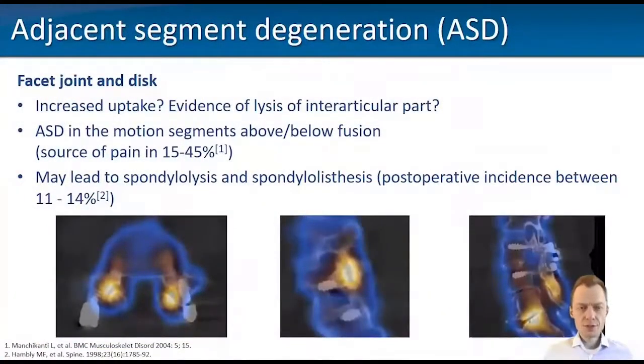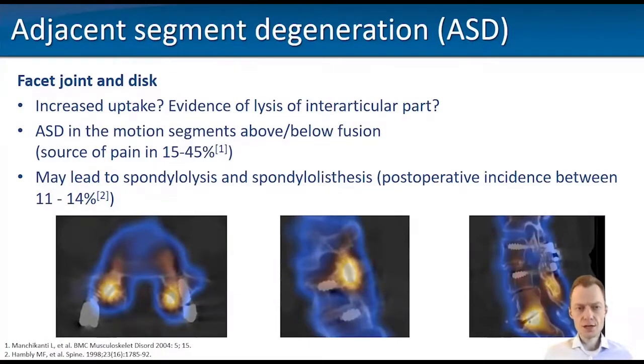I do not have the time to go too much into depth of all the different possibilities and diagnoses, but just to illustrate an important concept, adjacent segment degeneration. So basically, when one segment becomes fused, all the residual motion needs to go through the remaining segments, meaning that the stress per segment can actually increase, resulting in accelerated degeneration of these segments.